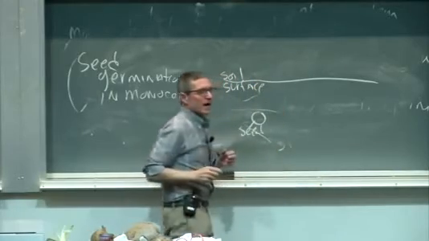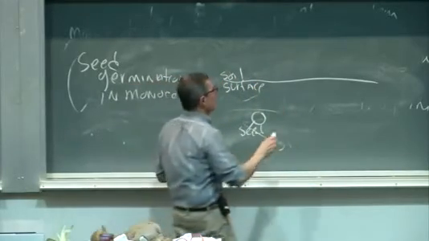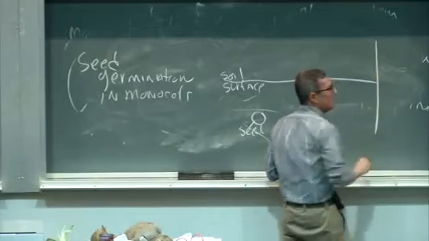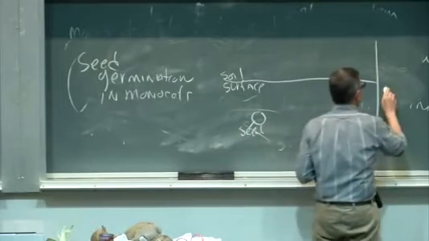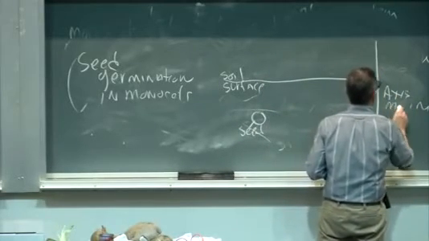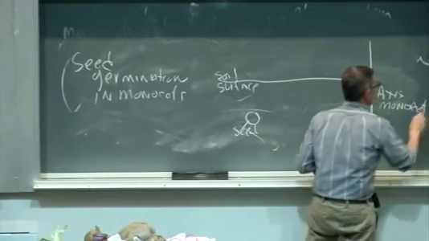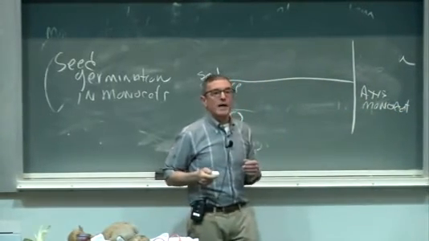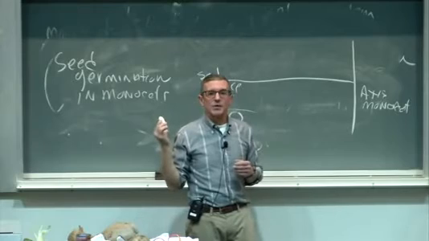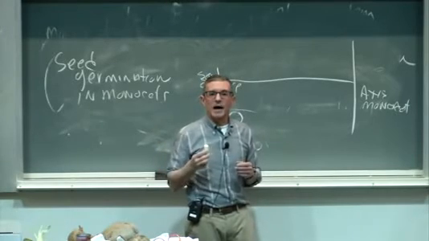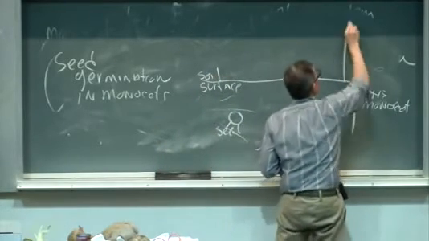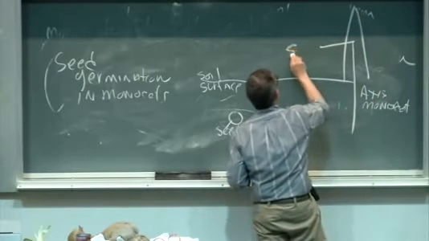And the monocots do it a little differently. If we look at the monocot axis, so this is the axis of the monocot, it grows straight up. It's not bent like we see in the eudicots. But the monocot covers its shoot apical meristem, which is here.